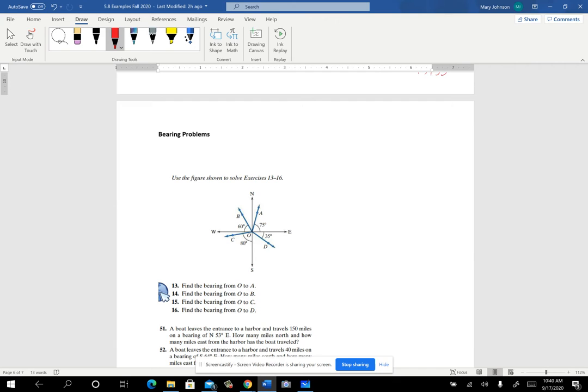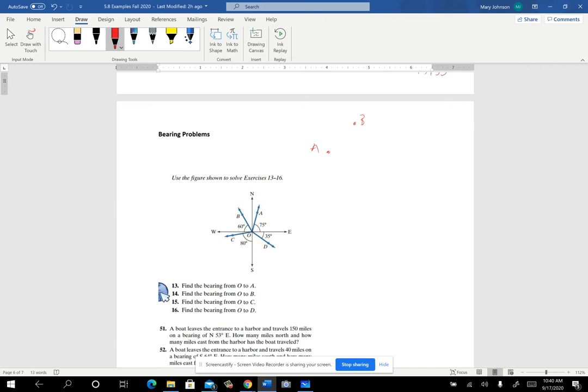So this is a means of describing the location of a point relative to another one. For instance, let's say I have a point A here and a point B over here.